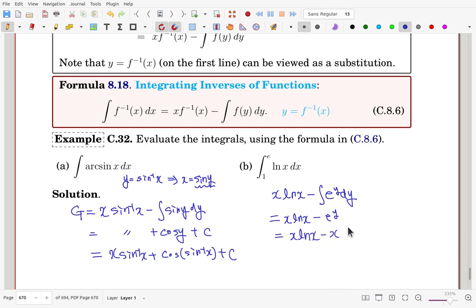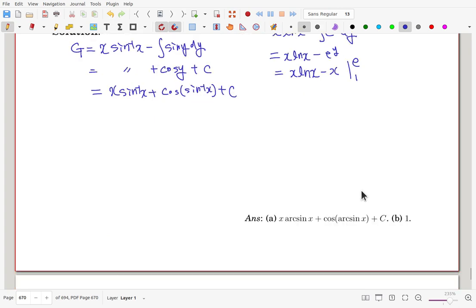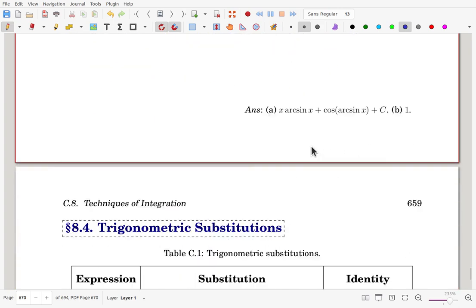That's the antiderivative. You can evaluate here from 1 to e. Okay, so that you can get the answer.